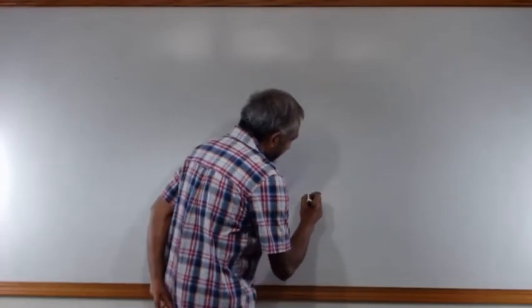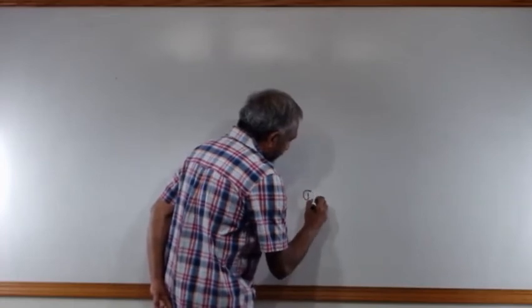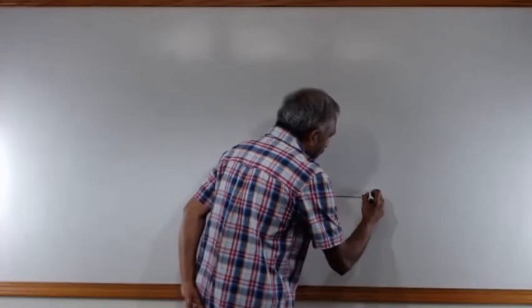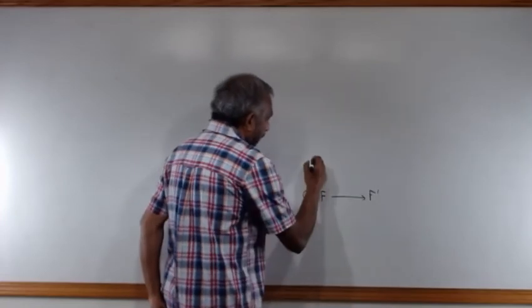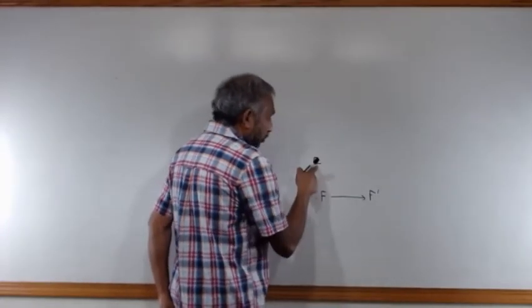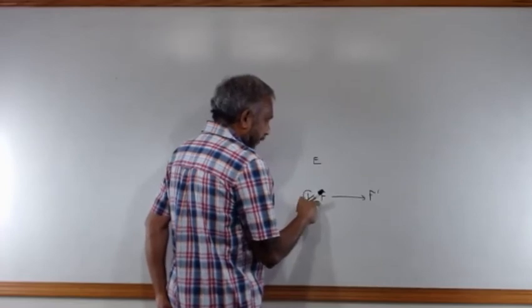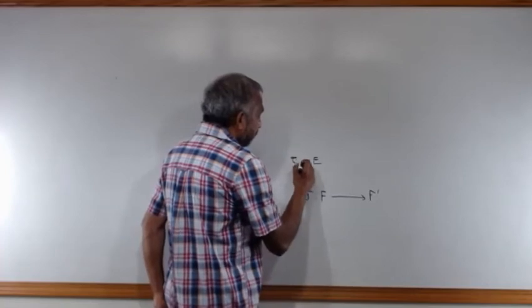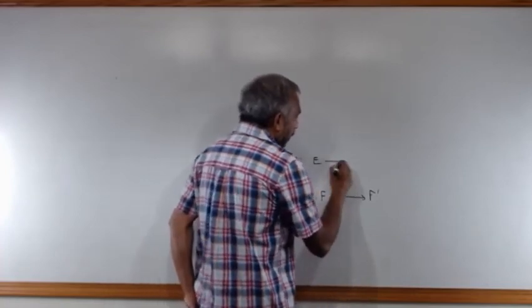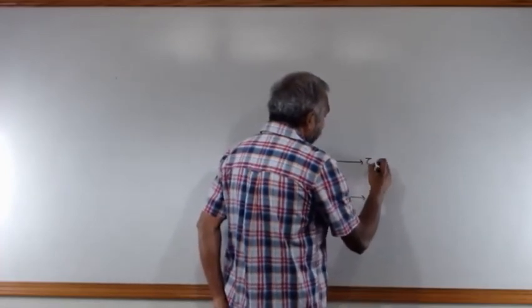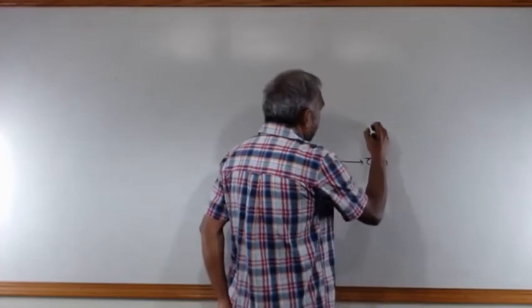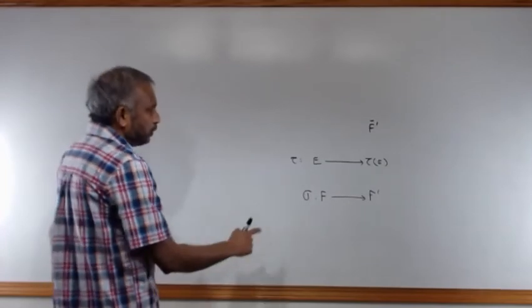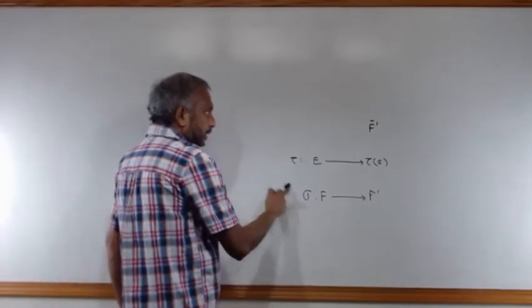The theorem says that if sigma is an isomorphism from a field F to F prime, and if E is an algebraic extension of F, then sigma can be extended to E, to a subfield of F prime closure. So this was the theorem which we proved in the last session.